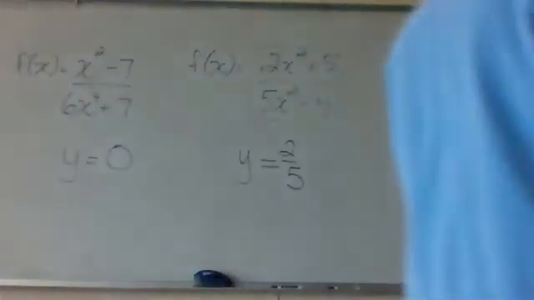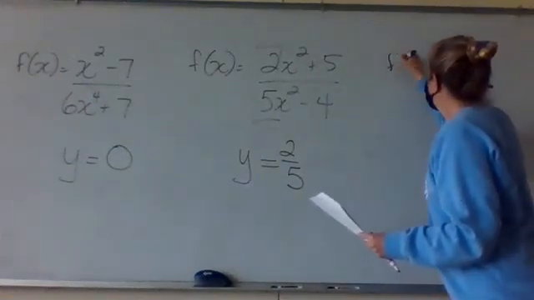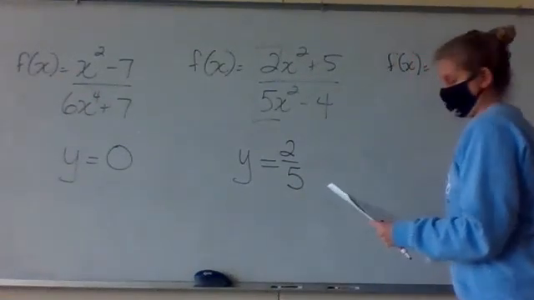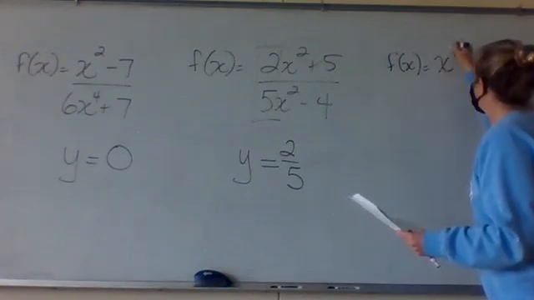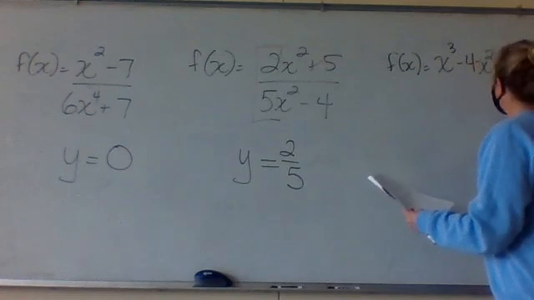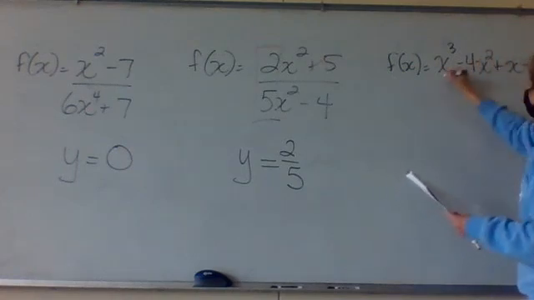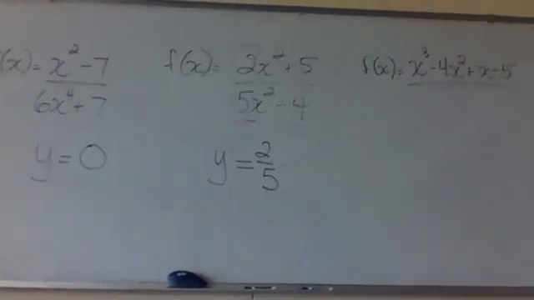And number 13, this will be the last one that we do today. F of x equals x to the 3rd minus 4x squared plus x minus 5 over x squared minus 20.